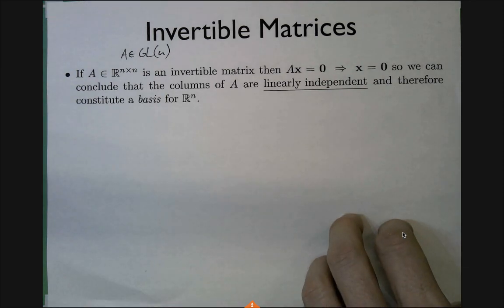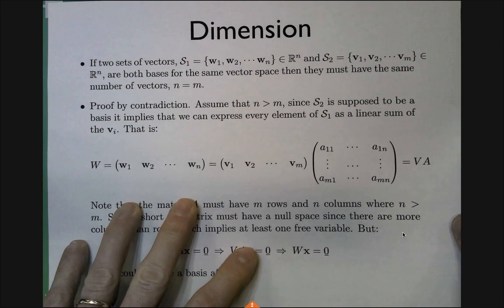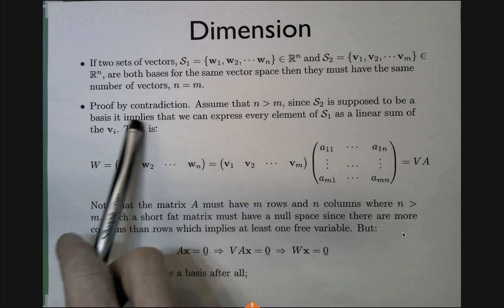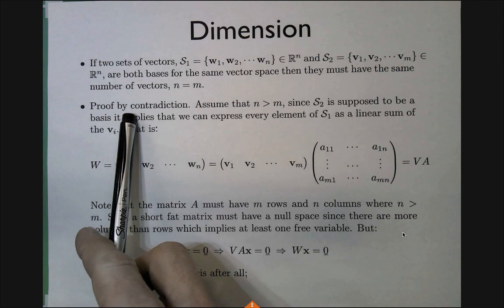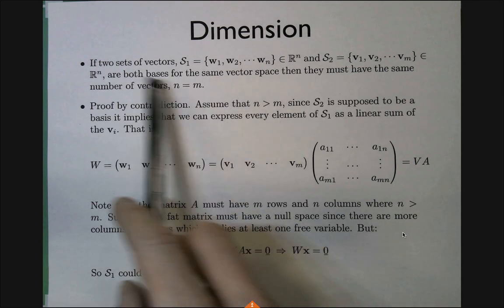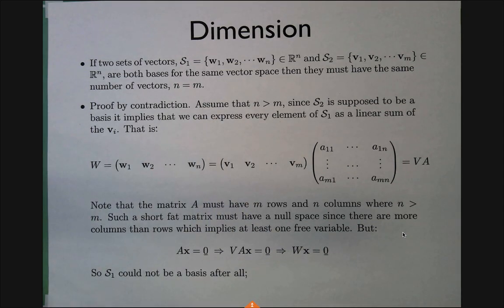Here is another important result, or I guess definition, and then we prove something that gives sense to the definition. This is a fact that will lead to the definition of dimension.